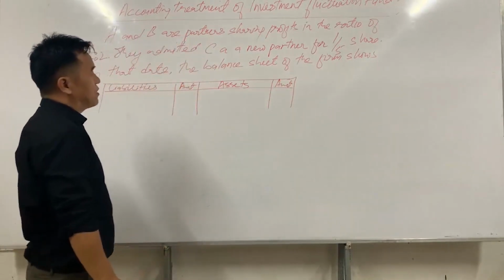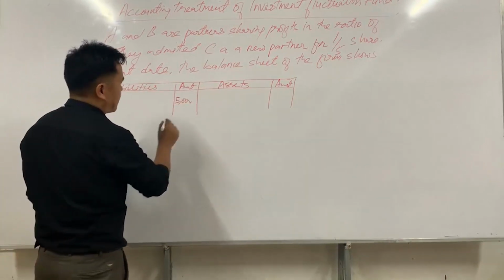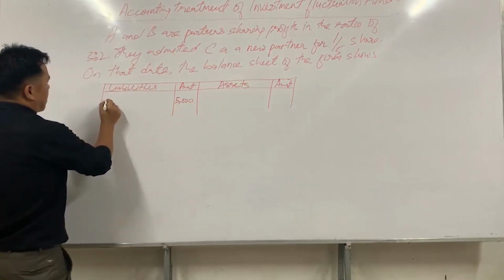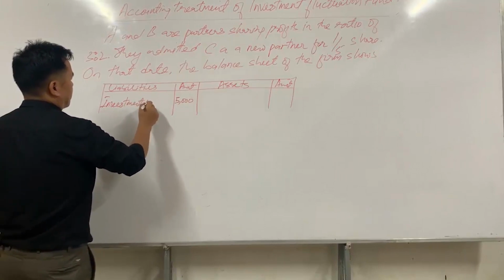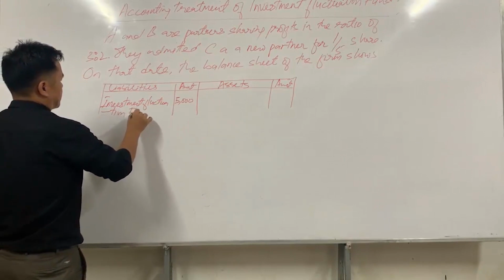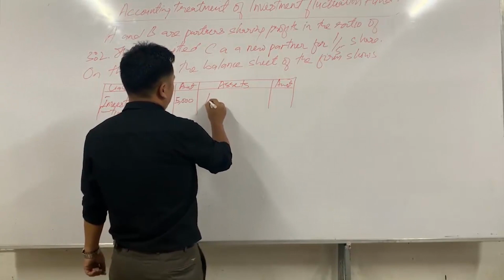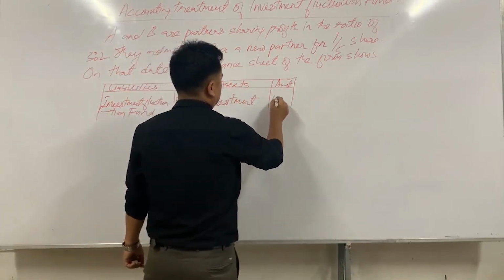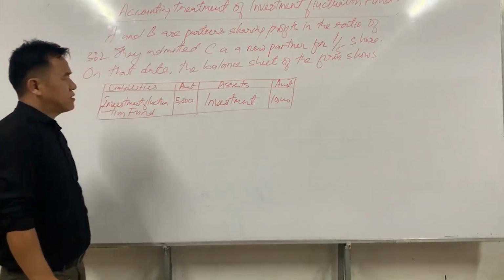So the balance sheet of the firm shows rupees 5,000 in investment fluctuation fund, and suppose say the book value of investment is rupees 10,000.